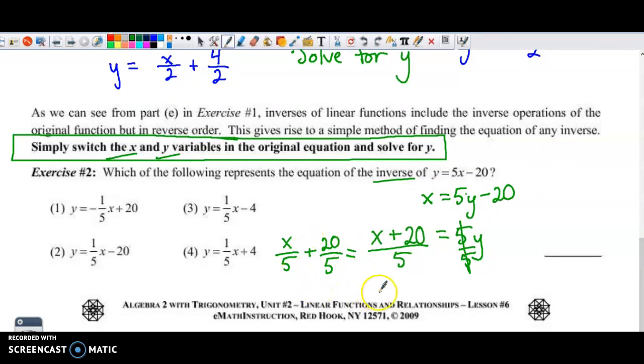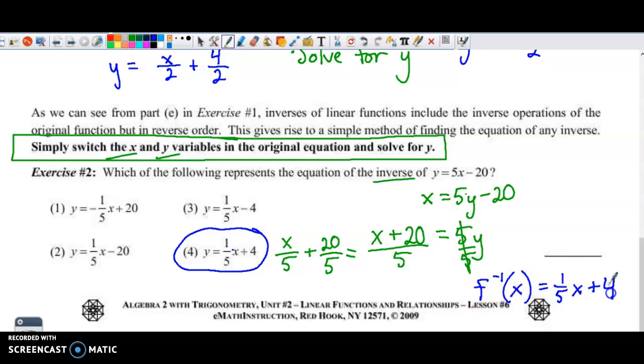And eventually I'm going to get you to a point where instead of writing y equals, this is your correct answer, because 20 divided by 5 reduces to 4, and x divided by 5 is the same thing as 1/5 of x. But I also will ask you to write it in inverse notation. So after you solve for y, I'm going to have you rewrite it as f inverse of x equals 1/5 x plus 4. But right now, we're at option 4.